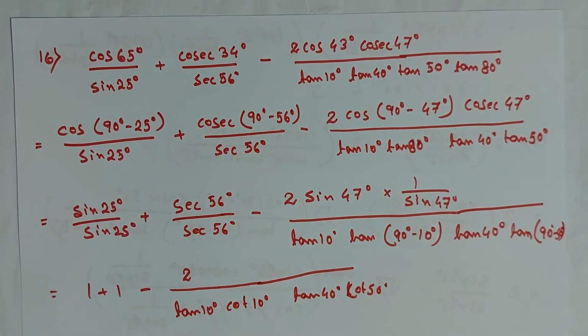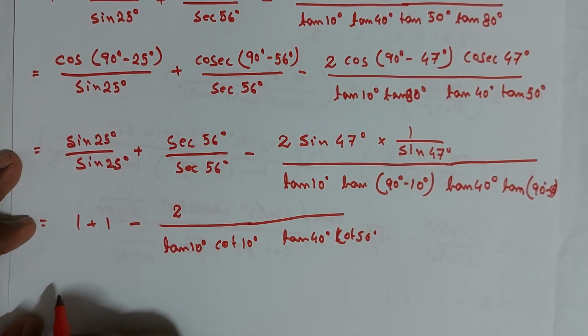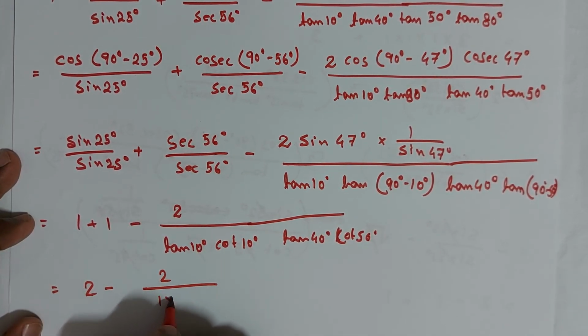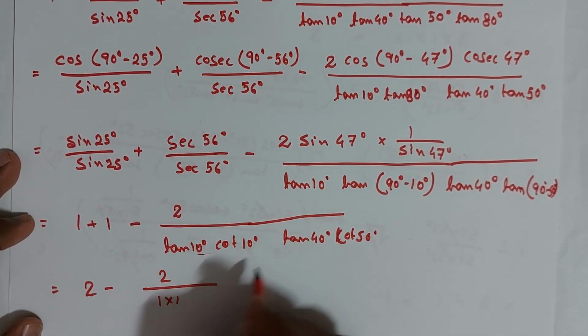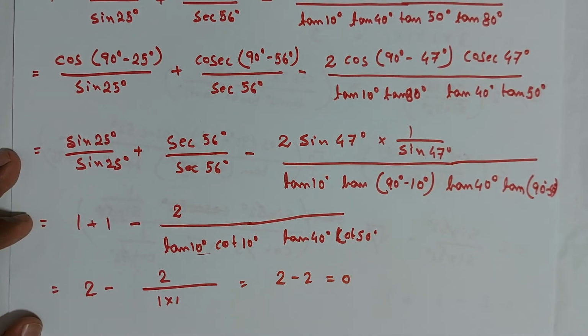So we all know that cot theta is the reciprocal of tan theta. That means tan theta into cot theta is equal to 1. So this is 2 minus 2 by 1 into 1. This is 1, this is 1. Okay, so 2 minus 2 equals 0. This is our answer. Okay, next is question number 21.